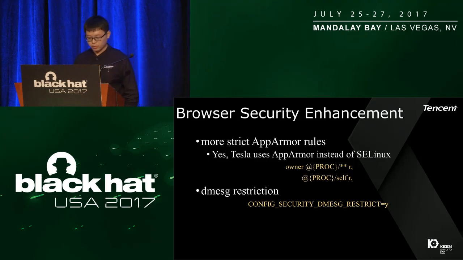Here's a good example, the proc folder rules. Now the Qt car browser process cannot get information from other processes, and it also cannot read the proc KL symbols files, which means an attacker cannot get the kernel addresses.